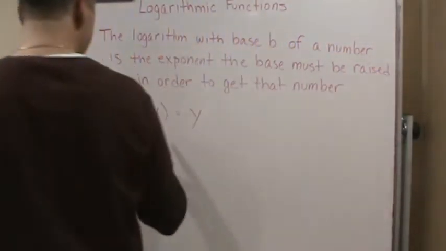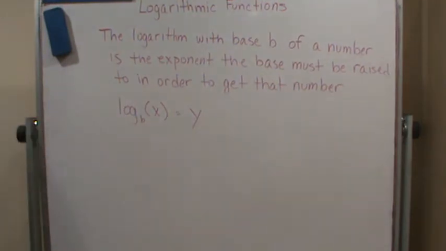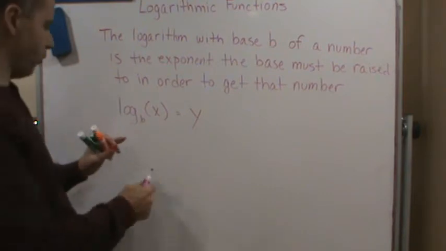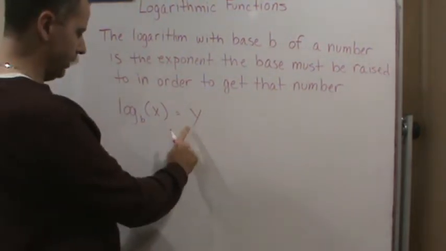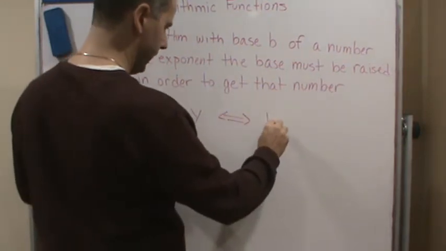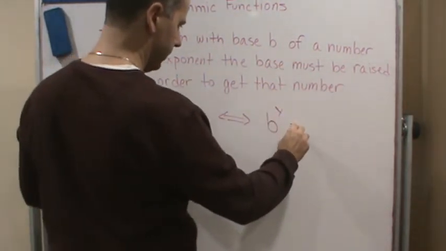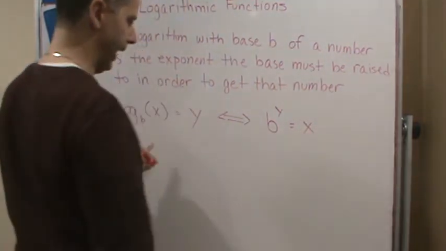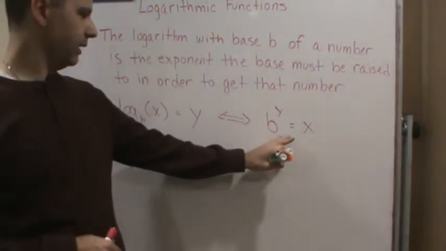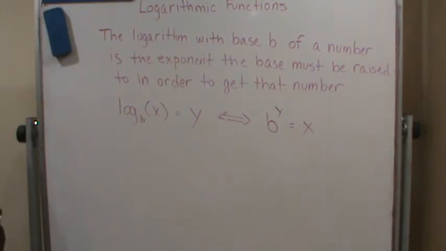So how would we rewrite this in exponential form? Well, we could take any log and write it in exponential form by taking b to the y is equal to x. So b raised to the power of y is equal to x. Okay? And so that's how you write a logarithmic function in exponential form.